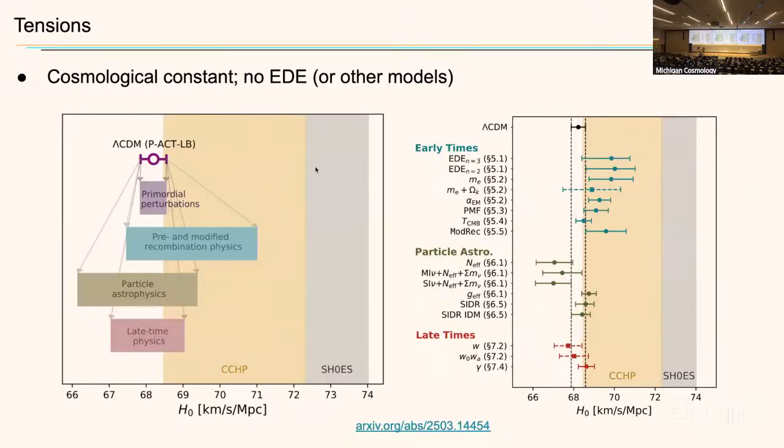So this plot shows you the bound on H0 from primordial perturbations, and then where the bounds would be based on various models, where the models are spelled out in this part of the plot. And so early dark energy would be here. It does push H0 up, but not enough to remedy this tension.